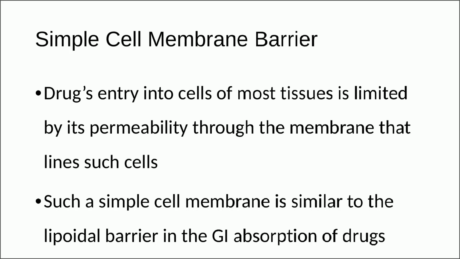Such a simple cell membrane is similar to the lipoidal barrier in the gastrointestinal absorption of drugs. When we talk about the absorption of drug from the stomach or from the gastrointestinal tract to systemic circulation, the most important barrier here is the simple cell membrane barrier, which is predominantly lipophilic in nature.